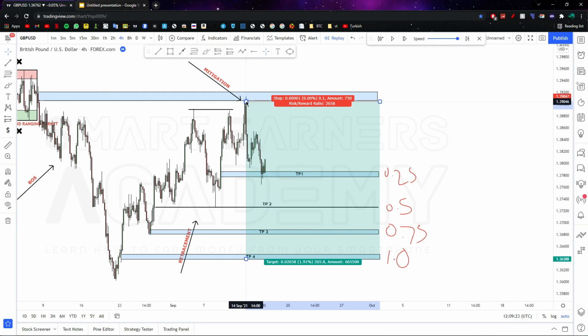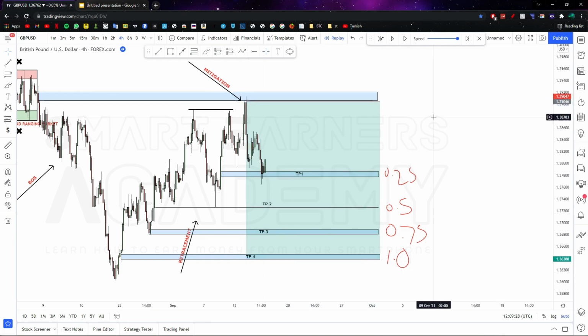And what this does is we have basically made our trade risk free. So now whatever happens, we will not lose any money, because our trade will automatically be closed at break even, which means nothing, right? It will just be closed at 0 or 0.25 because we have set a take partial.